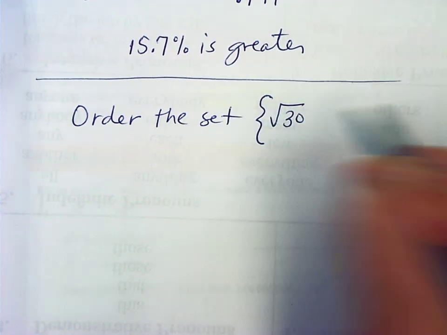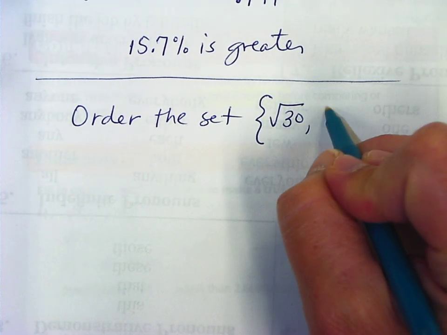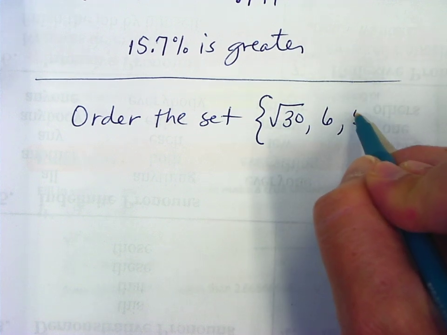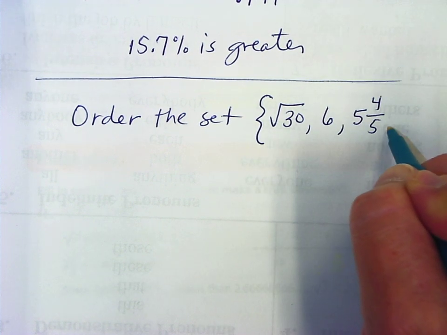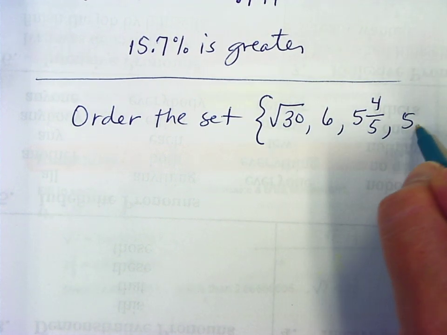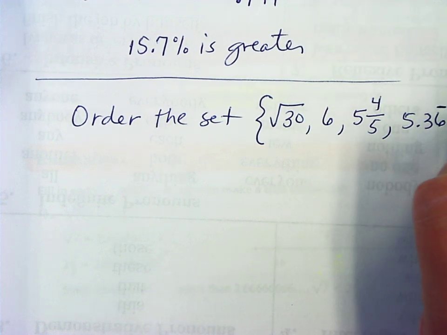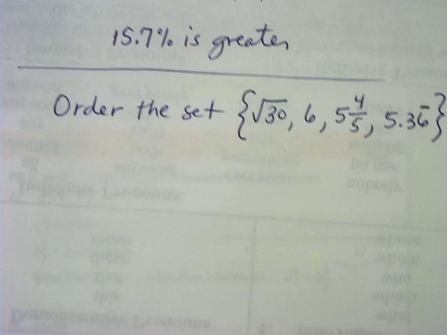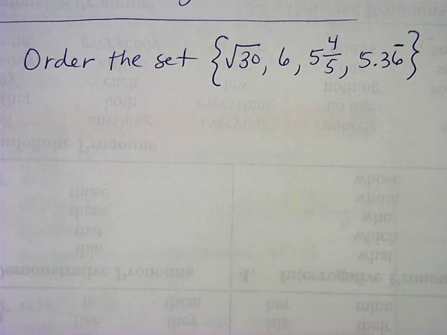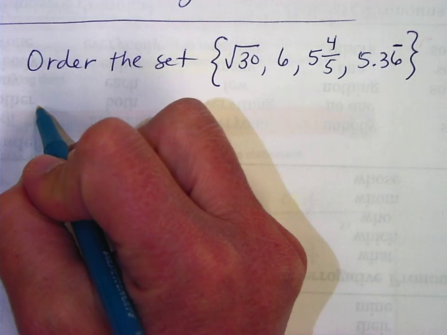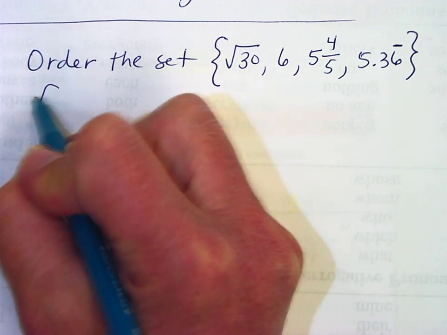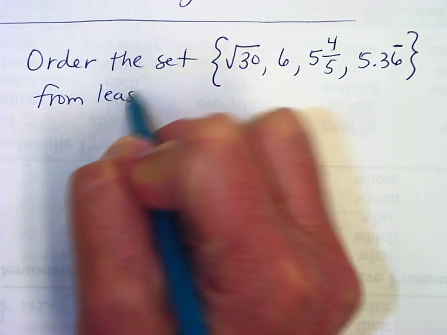So let's try the square root of 30, 6, 5 4/5, and 5.36 repeating as our set of numbers. Okay, so we're going to put these four numbers in order from least to greatest.